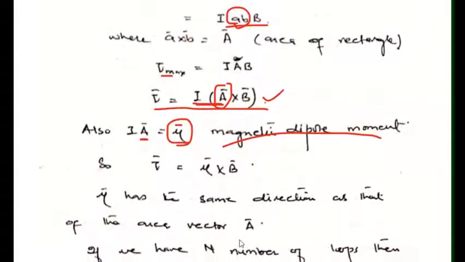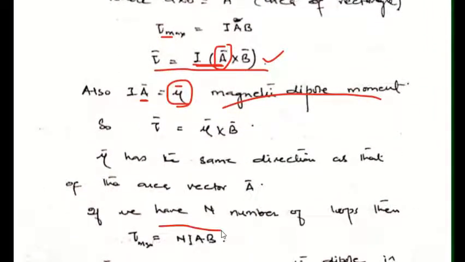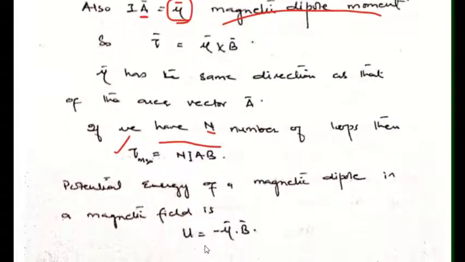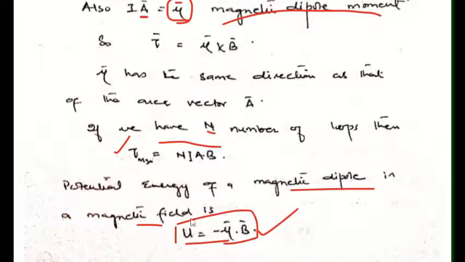It has the same direction as the area, and now I can write tau equals mu cross B. If we have N number of loops, to calculate tau we have to introduce the number of loops in the equation as well, and we get N I A B. And if you want to calculate the potential energy of the magnetic dipole in a magnetic field, we will simply write U equals minus mu dot B, which is a scalar quantity, and we can easily find the potential energy by using this equation.